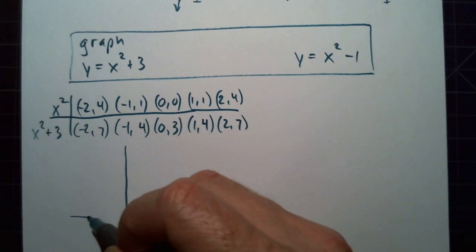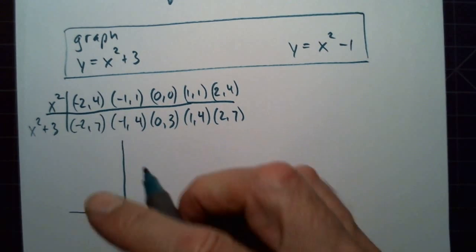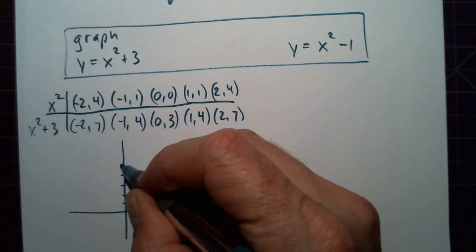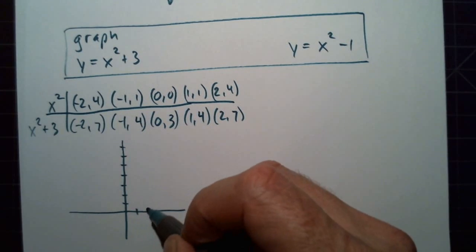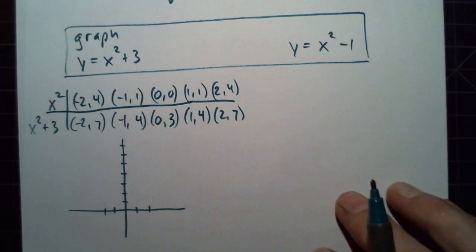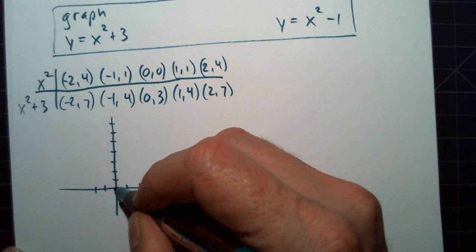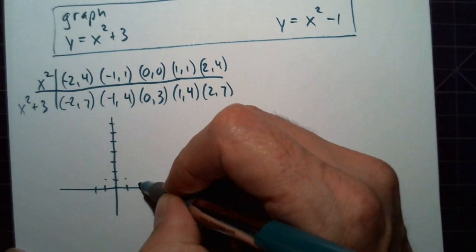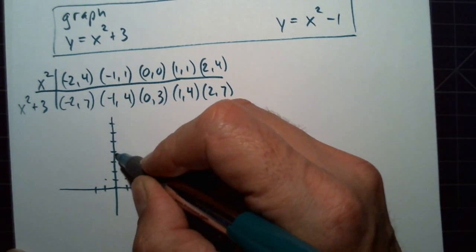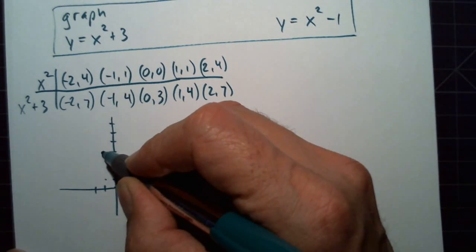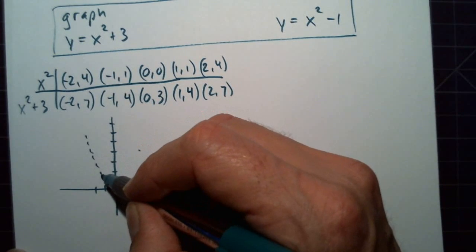Then it's nice to know where the parent function was or is. We can put a dotted line through there.